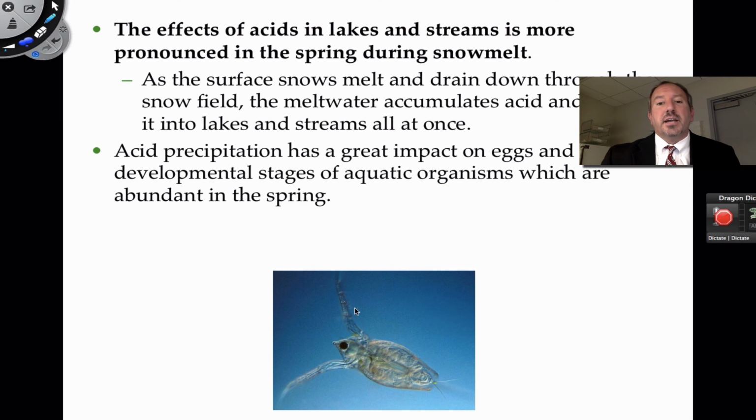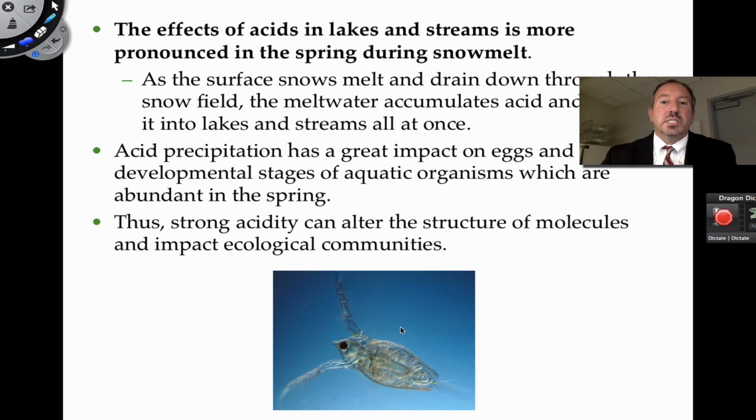And so that can destroy the little microscopic aquatic organisms, and it's the little guys that make it all happen. It's the zooplankton, it's the phytoplankton, it's the macroinvertebrates in the river that are most sensitive to these harsh pH changes. And if you don't have the little guys, you're not going to have the fish, and then the whole food chain gets unraveled as a result of that. And so it's really serious.